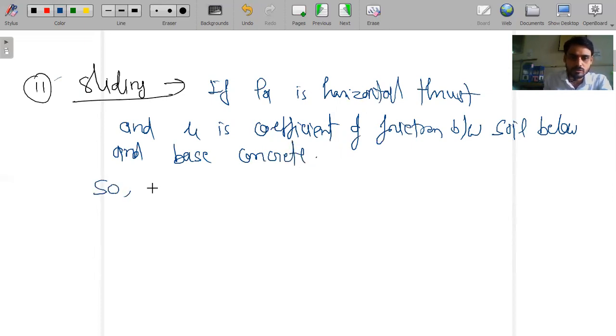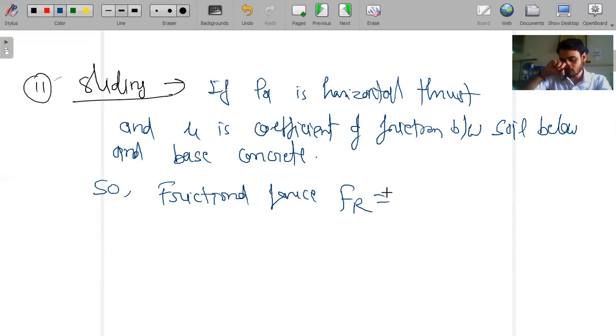So the frictional force will be the resisting force here. So the frictional force Fr will be equal to mu into summation W. Summation W is the total vertical downward force. So that will be the resisting or frictional force.